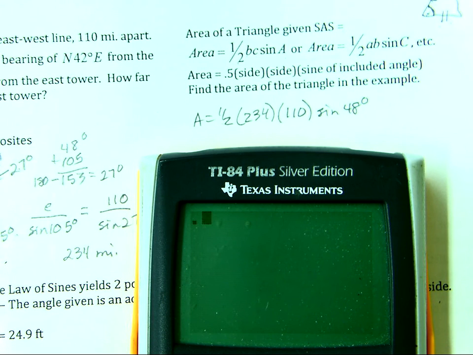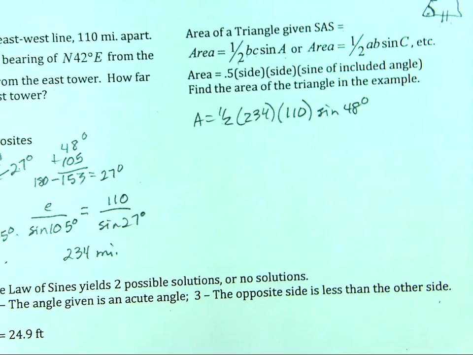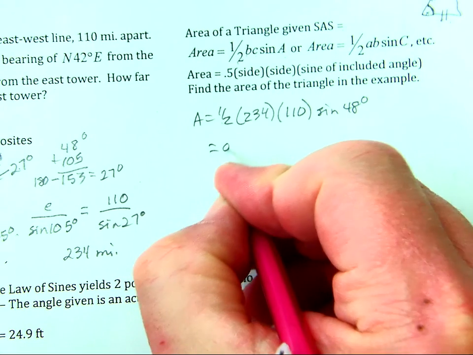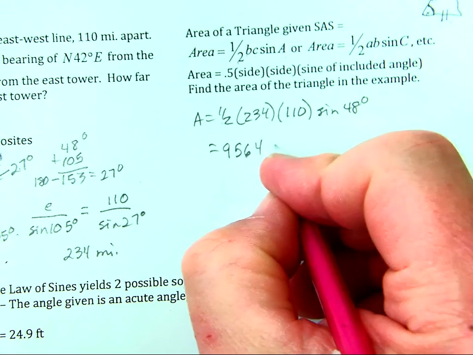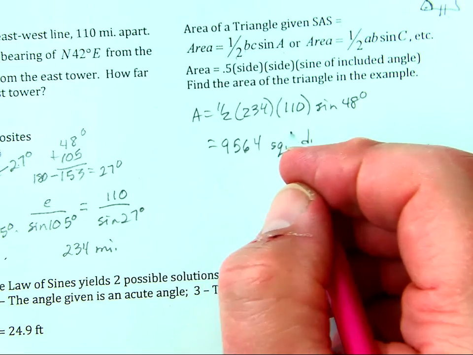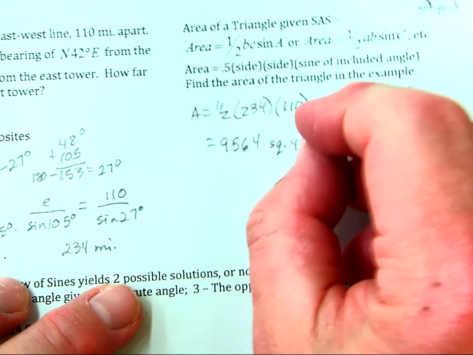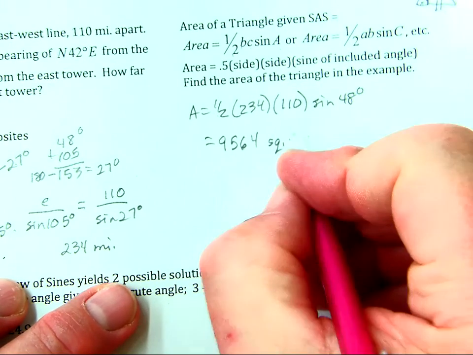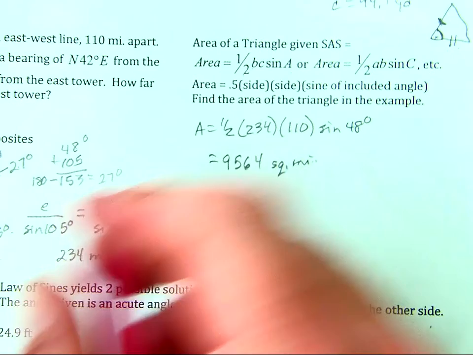So I can do 0.5 times 234 times 110 times the sine of 48. 9,564. So 9,564 square yards. Oh, I'm sorry, these were miles. Sorry, square miles.